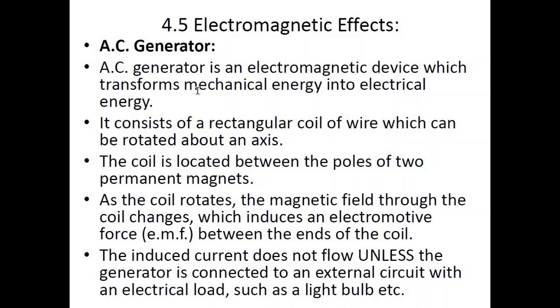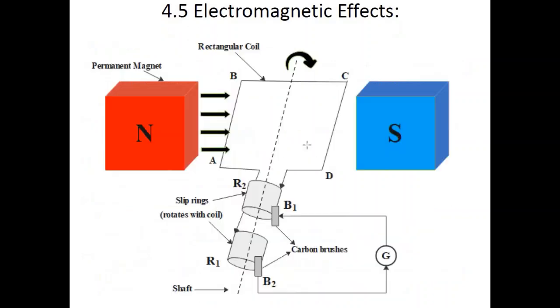As the coil rotates, the magnetic field through the coil changes, which induces an EMF between the ends of the coil. The induced current does not flow unless the generator is connected to an external circuit. It means that no matter how much you turn the generator, if you have not connected it to an external circuit, to some load, the current will not flow.